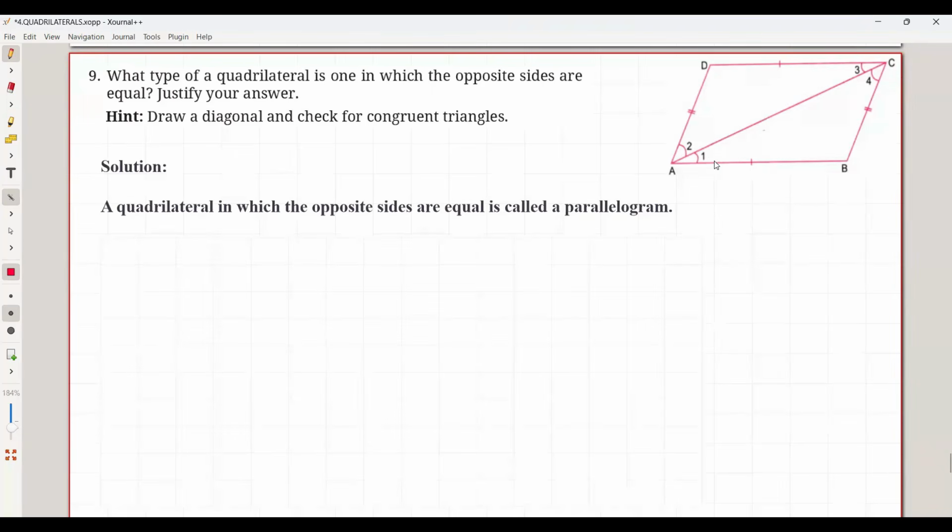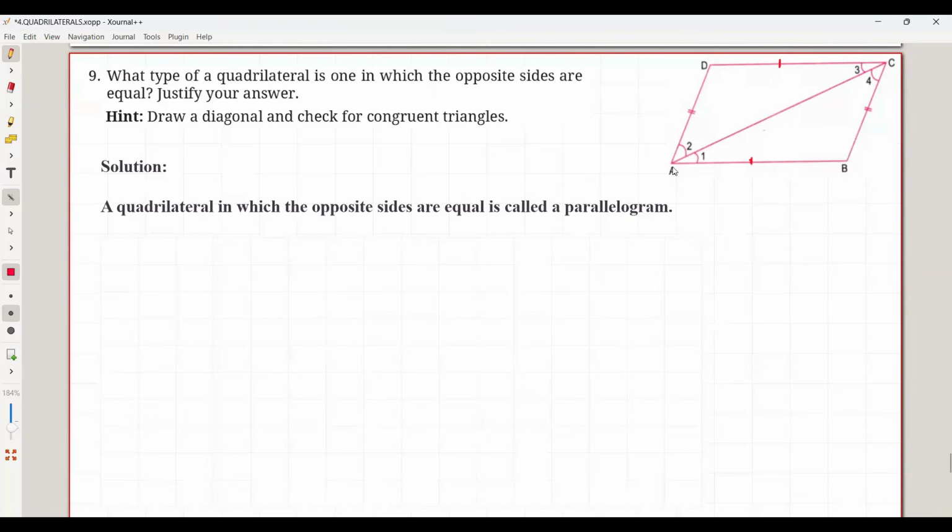For this, I have taken angles 1, 2, 3, 4. If I prove these two triangles are congruent, since they have given opposite sides are equal, this side is equal to this one, and these two sides are equal. Two sides are equal, and AC is common for both triangles.